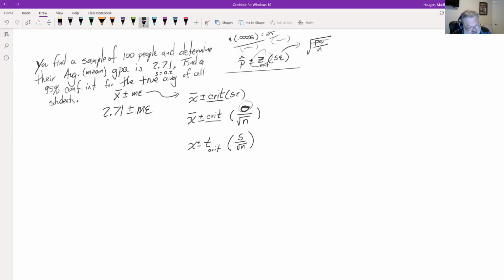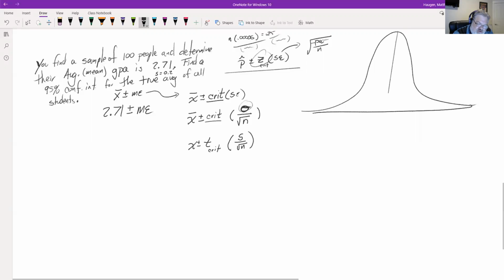Now, what's the difference between a z-score and a t-score? Very little, frankly. Our z-score says for a normally distributed curve, has some average, and the z-score is how many standard deviations we are away, right?